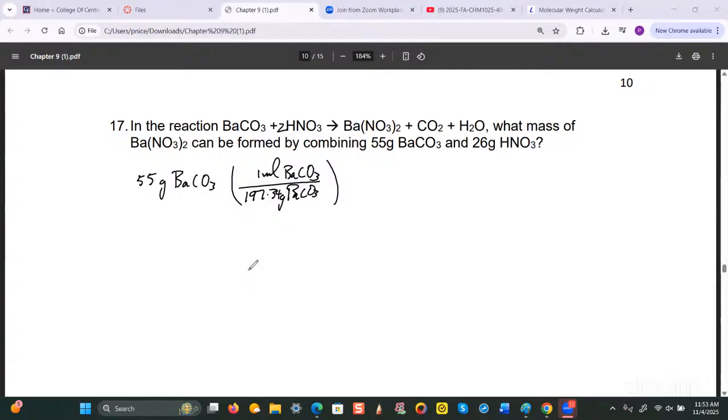Okay, let's see, somebody in the chat is saying something. Okay, I'm not sure what you're saying, Miss Cole. Oh, you're talking about the next conversion factor. Okay, my bad. So you're saying that, well, actually, I would not agree with you because you said that below would be 1 mole of barium nitrate.